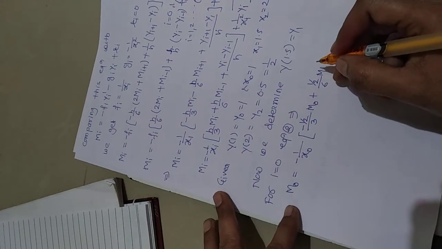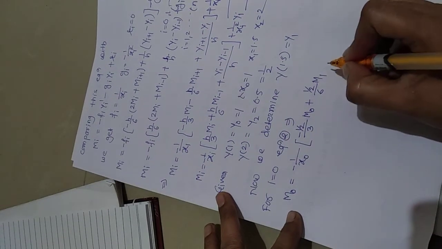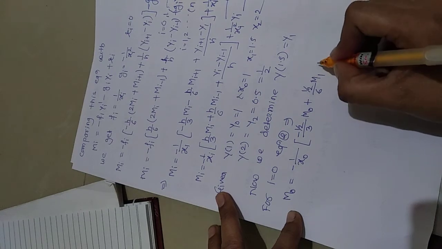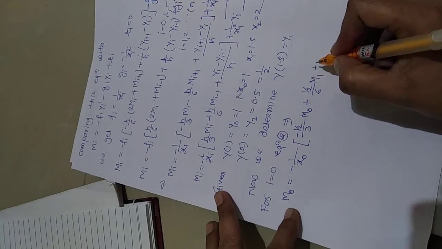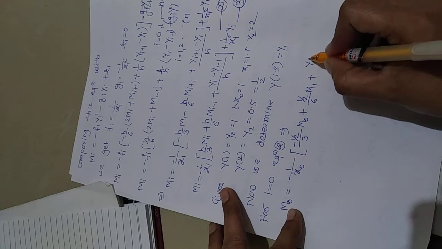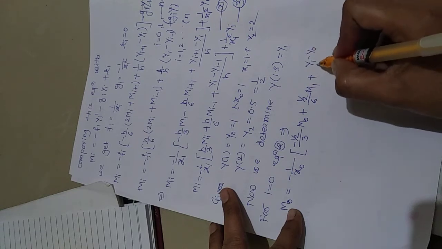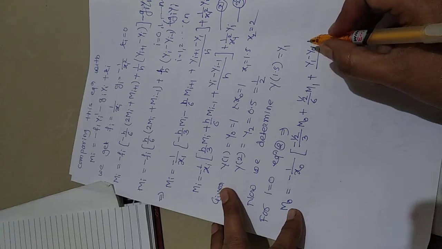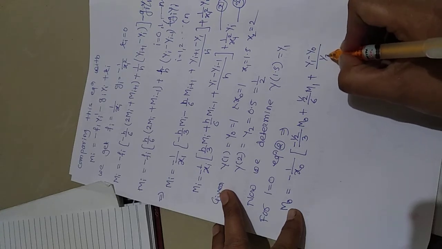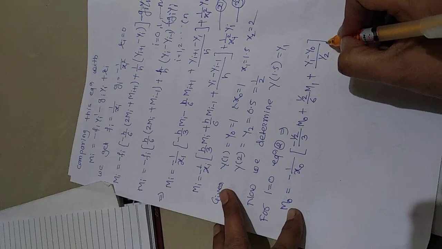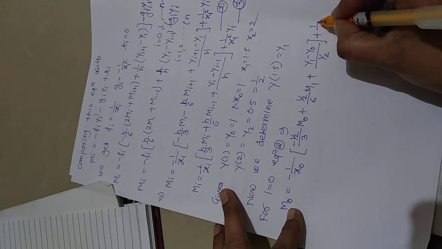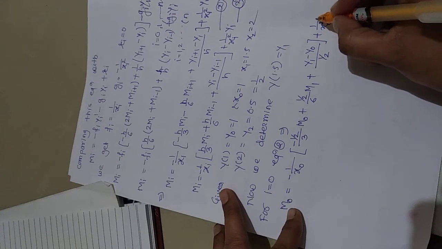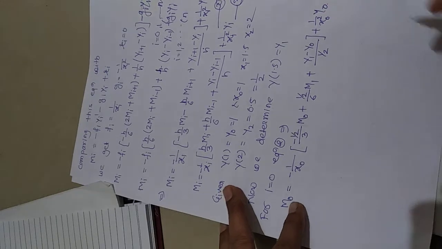This value is m1 and plus y1 minus y0 upon 1 by 2 plus 1 upon x0 square y0.